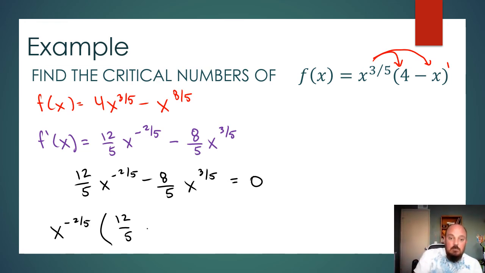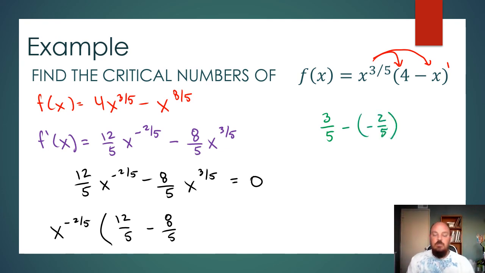On the second part, we'll leave the 8/5, and here's where I said it always kind of works out nicely. When you're factoring out a variable, you're subtracting the exponents. So if I start with x to the 3/5 and I factor out -2/5, my exponent ends up being 3/5 minus -2/5.